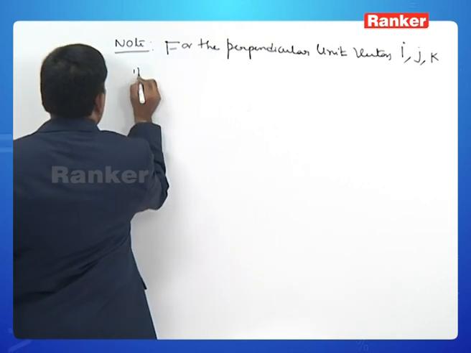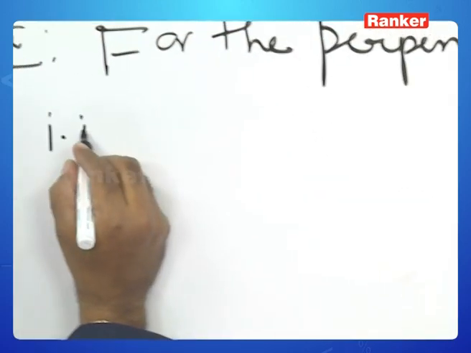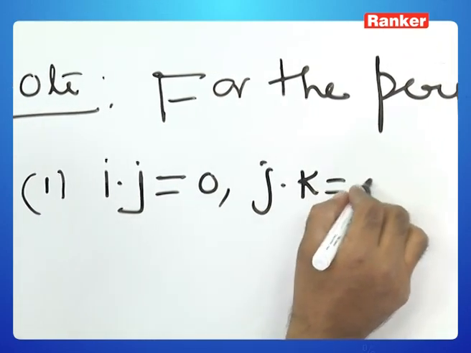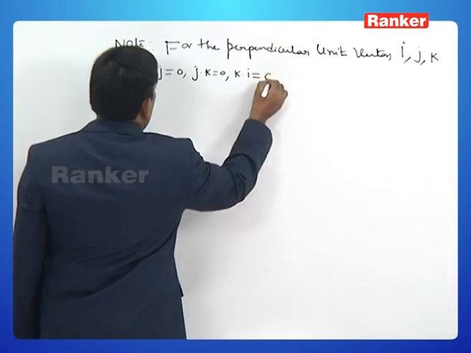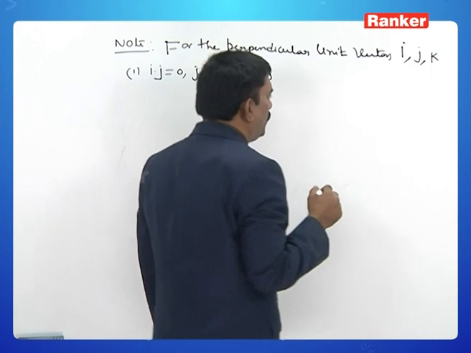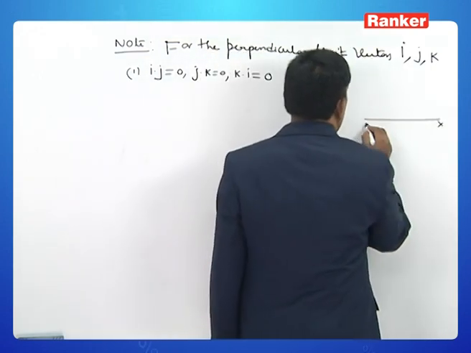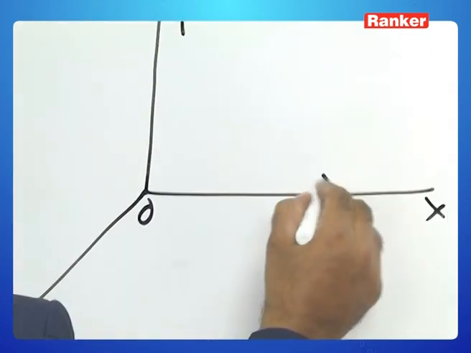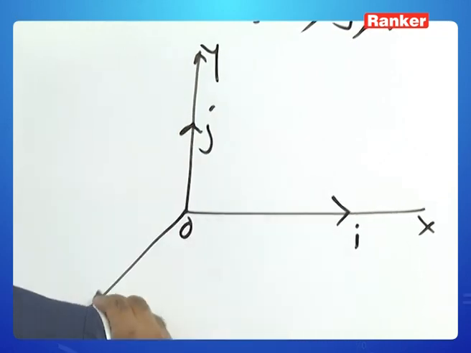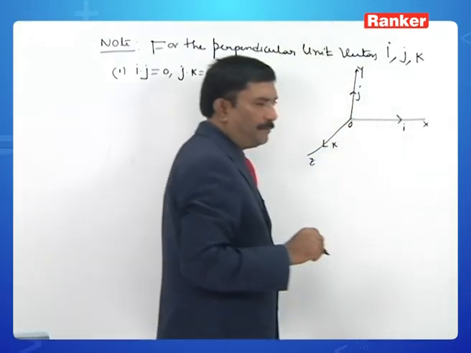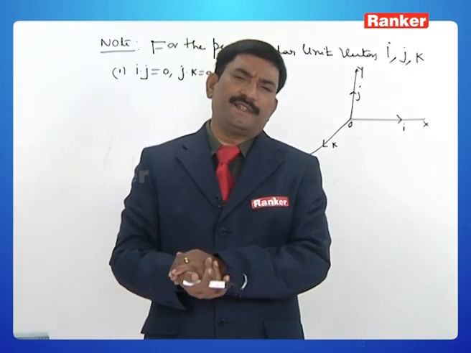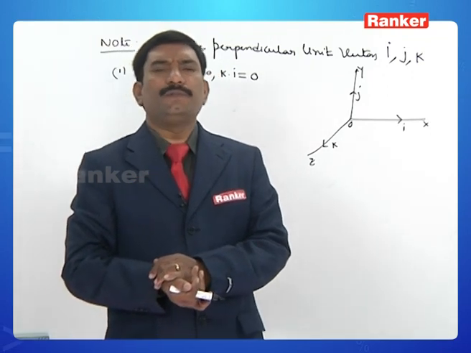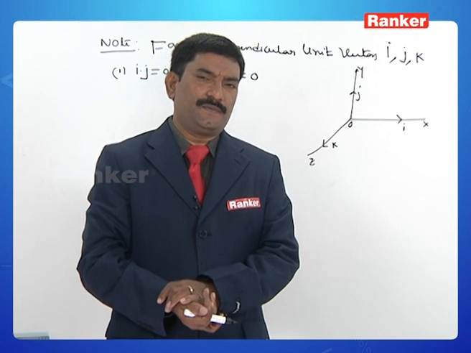I can write: i dot j is equal to 0, j dot k is equal to 0, k dot i is equal to 0. Now if I take this is O, this is the Y, Z axis. Now you take i, j, and k. Always the x axis is denoted with i, next j, next k. They are an orthonormal right-handed system of vectors.